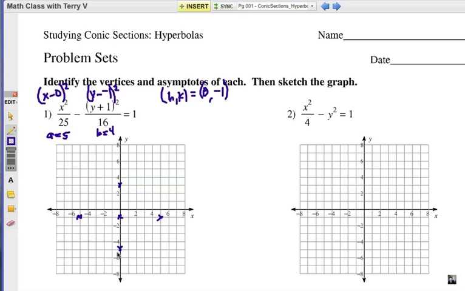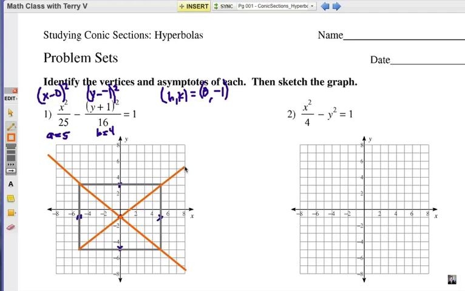Let's draw the rectangle. The rectangle is going to look like this, and now we can draw our asymptotes.